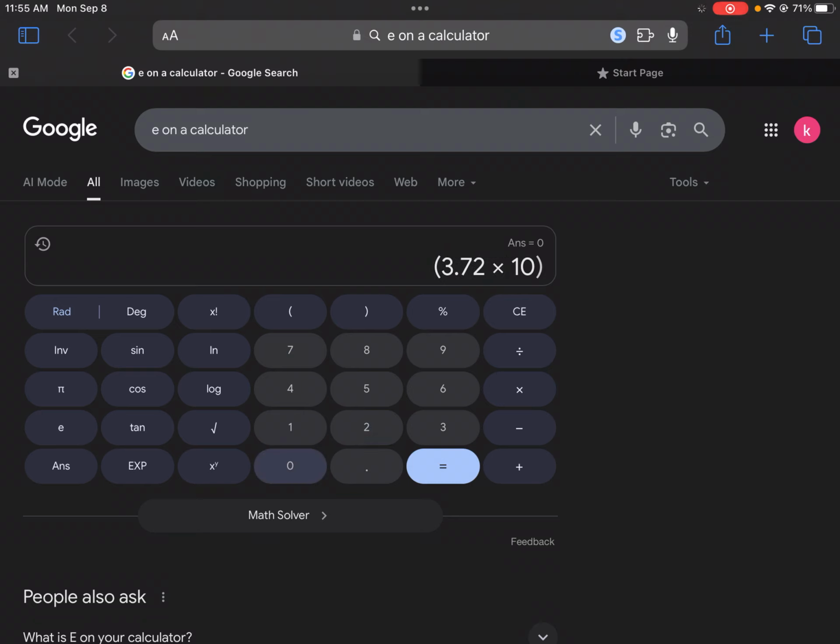Times 10 to the power of 5. Raise again to the power of 2. Now that is a very large number. Okay? So I'm going to remix this a little bit.